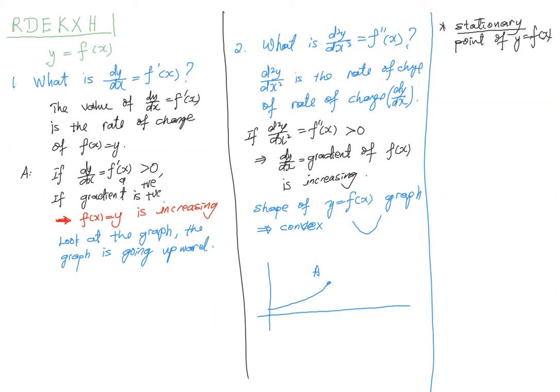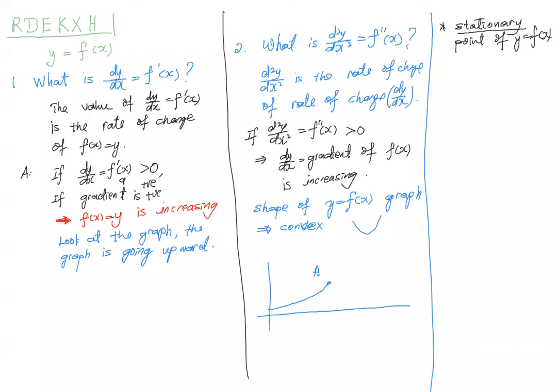The point is not moving. How can I say the point is not moving? In here we are not saying not moving. We say that at that point, the rate of change of y is 0.